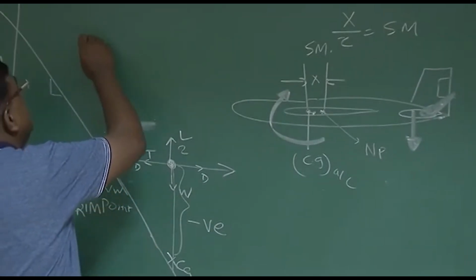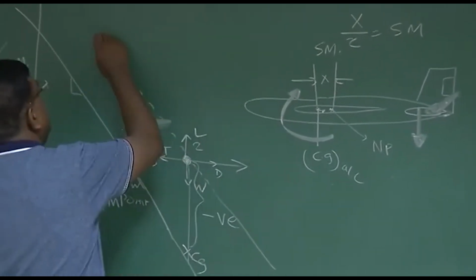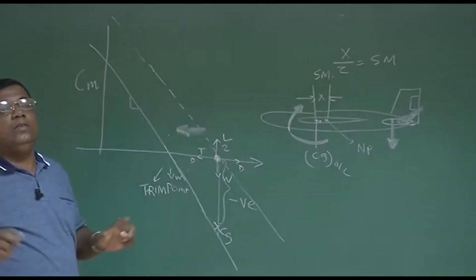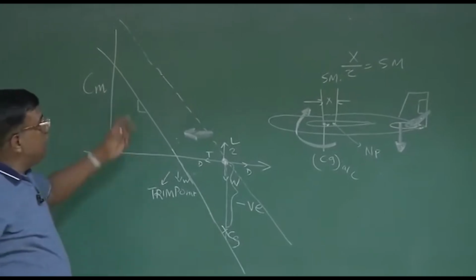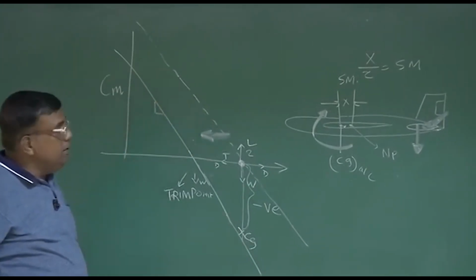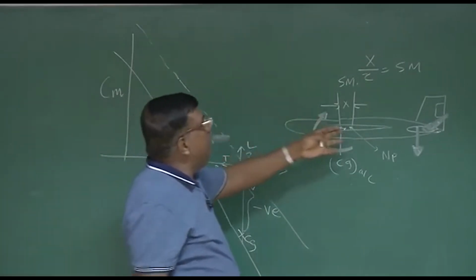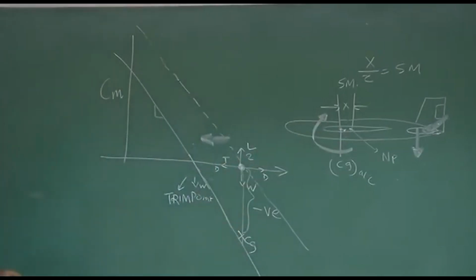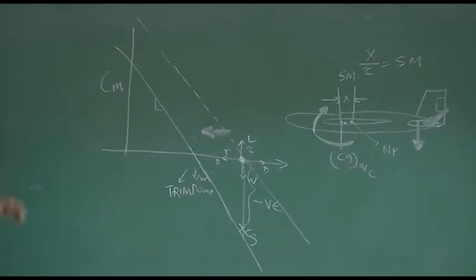And since the stability of the aircraft has not changed, because we have not changed the configuration of the airplane, we have kept the CG the same, we have not changed any shape of the outer surface of the wing, tail, vertical tail or fuselage, the same airplane. So these two lines will be parallel because these two lines represent static stability. These two lines represent the same neutral point, and CG is the same for both configurations of flight. The same airplane I am taking from one CL to another CL.